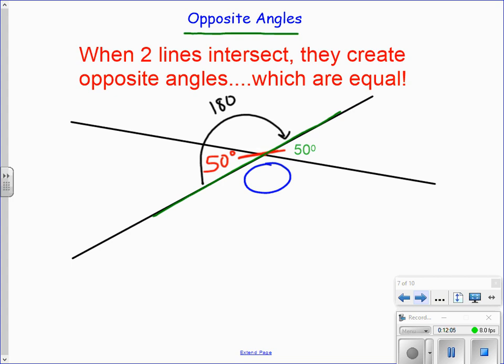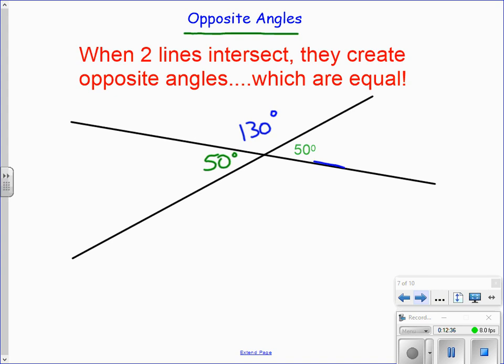So that means that this one here, the 50, plus this one here has to make the 180. And if we take 180 and subtract the 50, this one has to be 130 degrees in here. So let's erase all that. Let's go back to what we started with. This has got to be 50. And this one has to be 130.